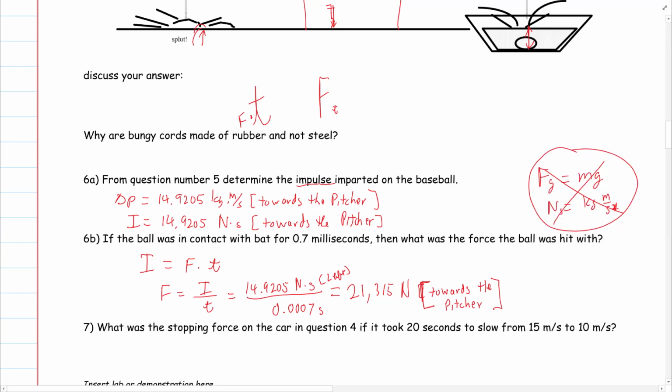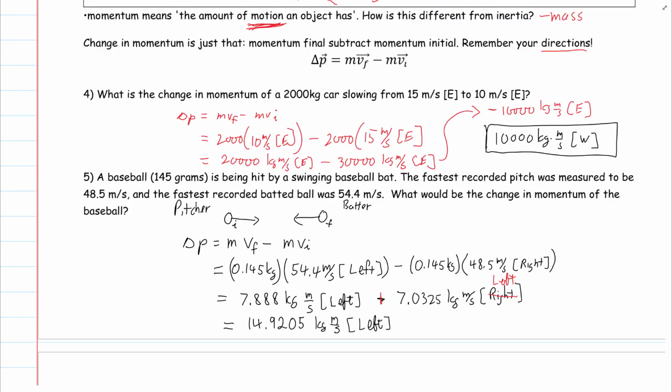Wow. What is the stopping force on the car in question 4 if it took 20 seconds to slow down from 15 meters per second to 10 meters per second? Last question. So in question 4, it was the car, 2,000 kilograms doing this, and its change in momentum was 10,000 kilograms meters per second west.